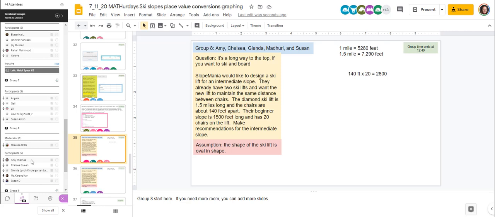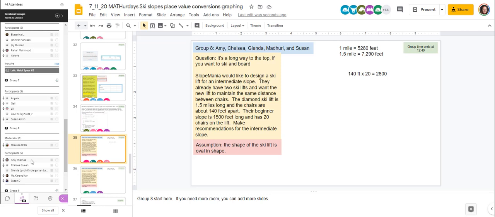Okay, we can start. I was thinking, if it's 1,500 feet going up the slope to the top of the mountain, is it also 1,500 going down the slope? Because I did the math: if each chair is 140 feet apart, there's 20 chairs on the little beginner slope one, it wouldn't fit on this to 1,500.